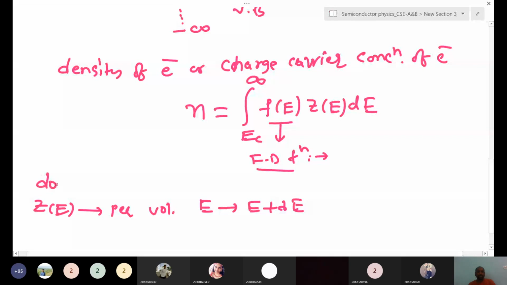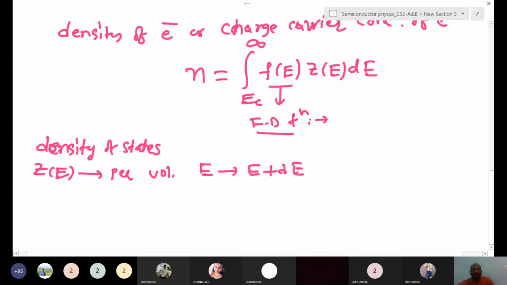What is meant by density of states? Please tell me. At least leave the density of states: what is meant by density?